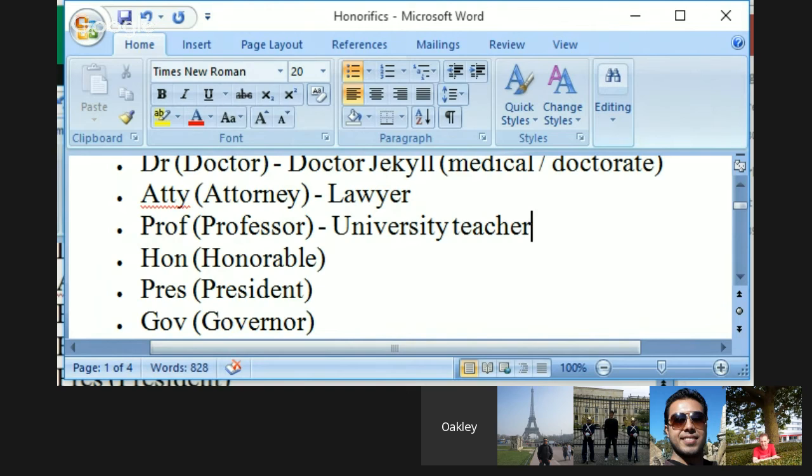However, in England, it's a little bit different. Do you know about that, Keiko? No. Okay, let me attempt to explain. If you went to university in England, you should only address somebody as Professor Smith if they are usually the head of the department, or they have somehow distinguished themselves in a big way, whatever.